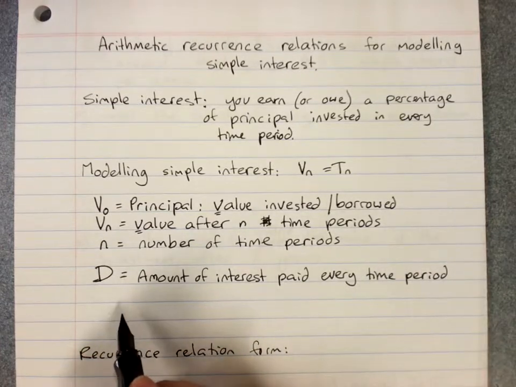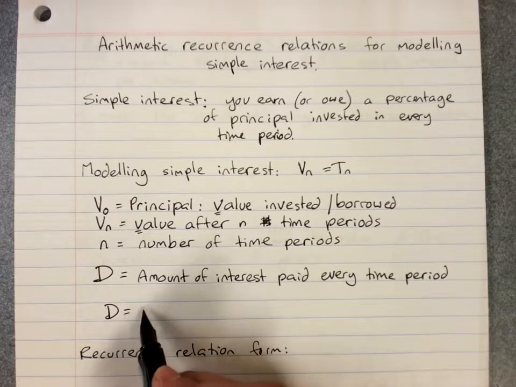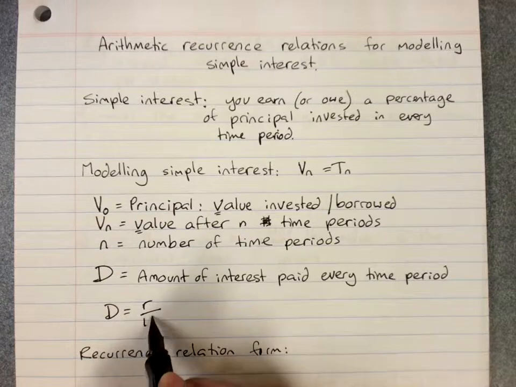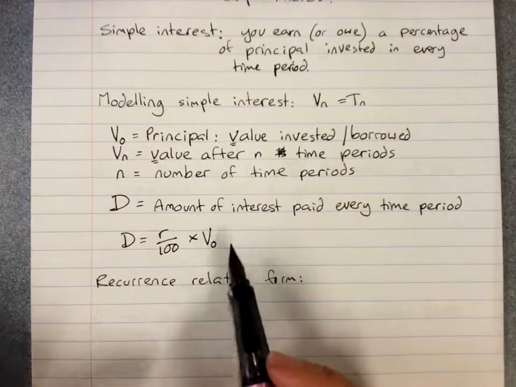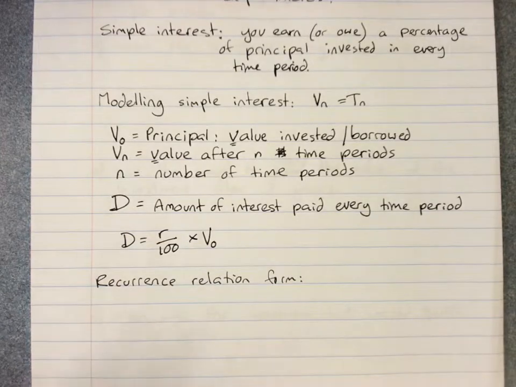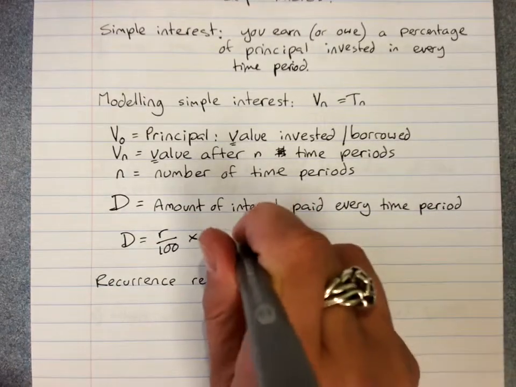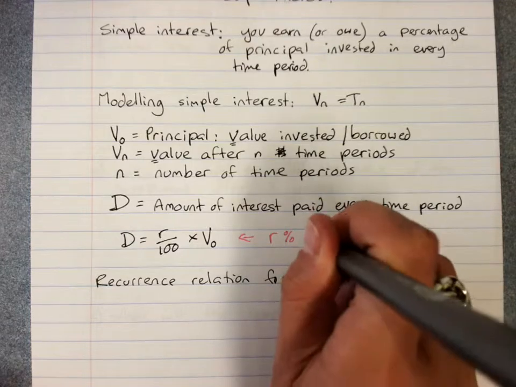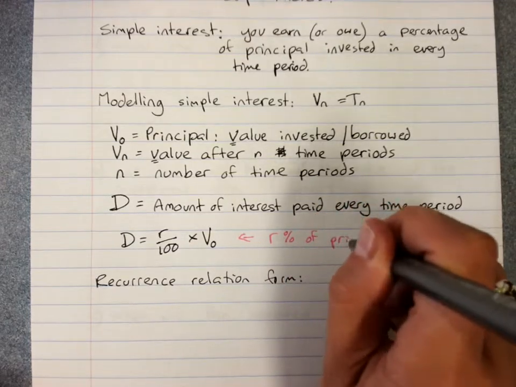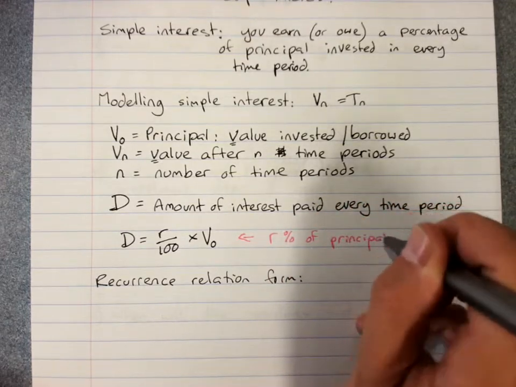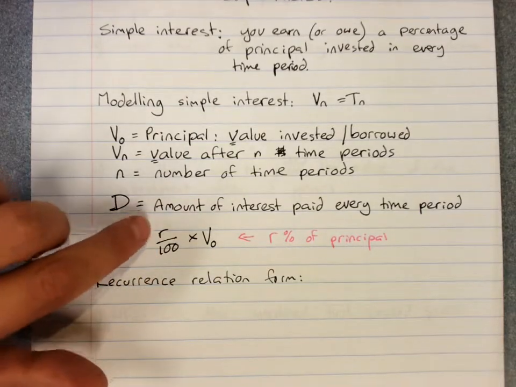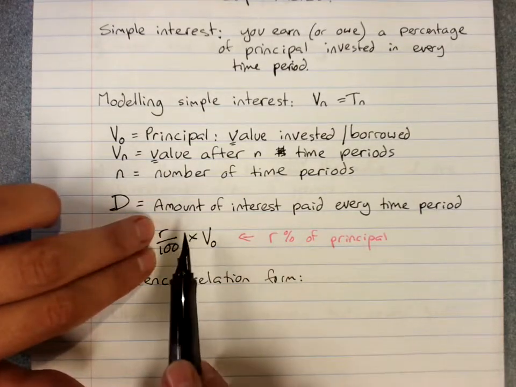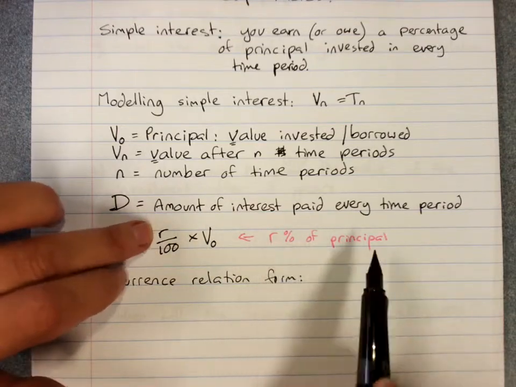And we calculate D by doing the interest rate, R, over 100 times the principal. That is effectively R% of the principal. Because if our interest rate R is 3%, 3 divided by 100 times the principal finds 3% of the principal.